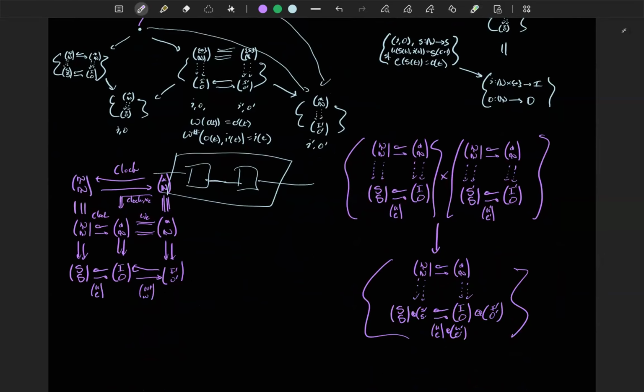Just to be really explicit, this is Moore of clock S, I'm just going to write it as S, times Moore of clock S prime. And here is Moore of clock S tensor S prime. But remember, Moore machines were a Cartesian systems theory.